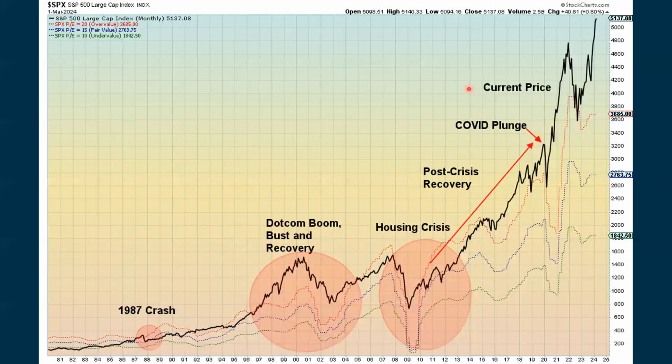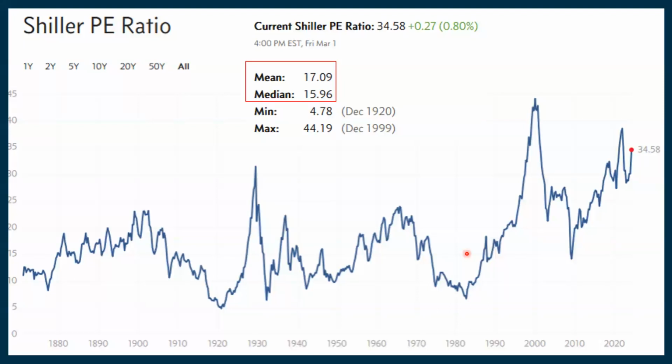We can also plot this according to different events that have happened, going back to 1980, and then what the valuations were at that time. Another way of looking at this is looking at it over a period of time, a smoothed effect. This was developed by Robert Shiller. He came up with the Shiller PE ratio. You also may know this as CAPE, C-A-P-E.